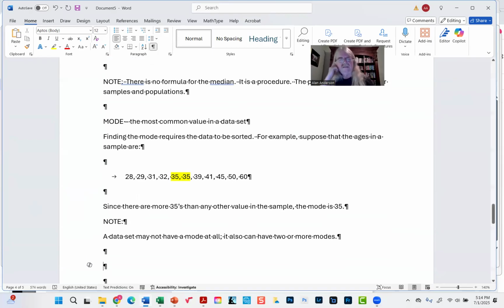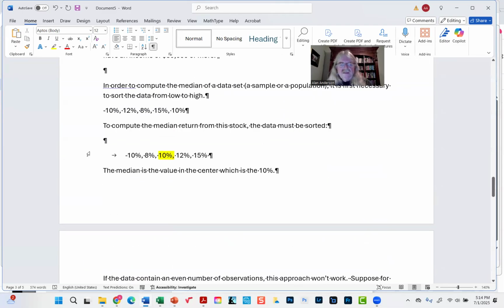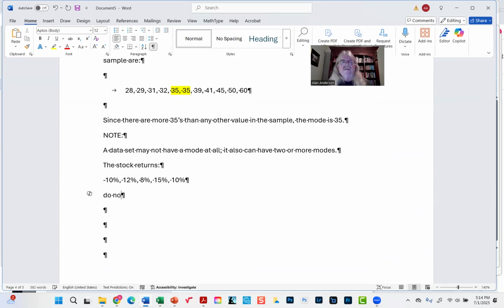So let's say, for example, these stock returns do not have a mode because none of them are repeated.